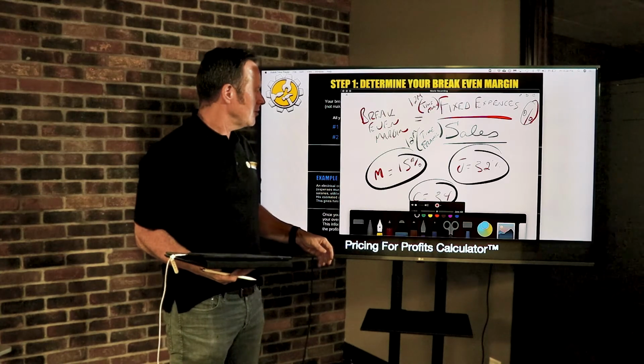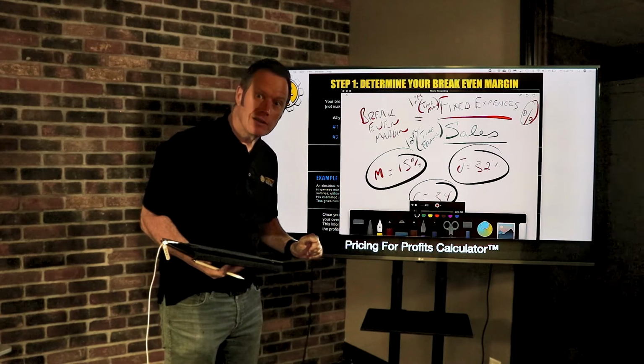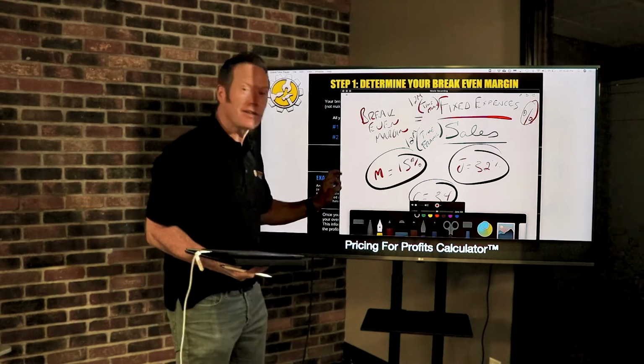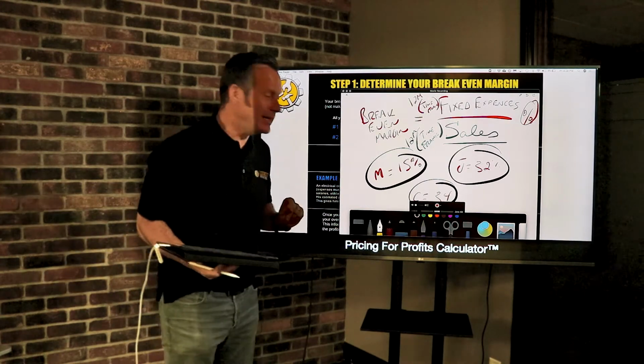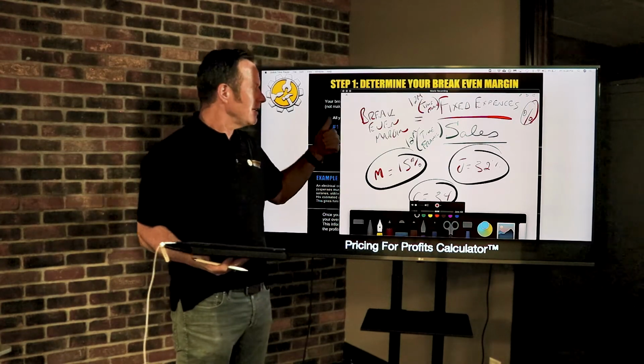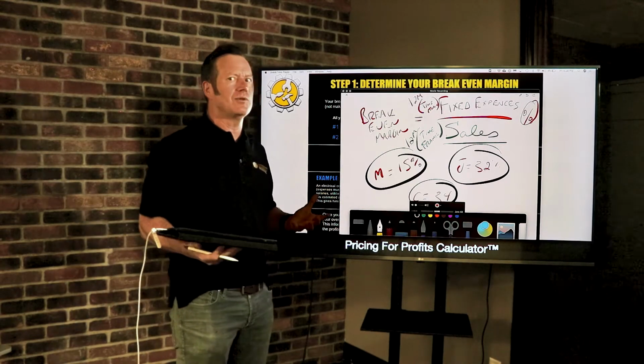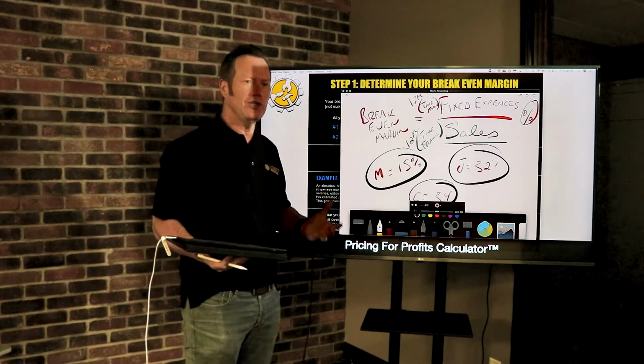Interesting. So all of these numbers are different. This is why you need to figure out your break-even margin for your company, because they are different. Your fixed costs and your sales are going to be different. So do not sit at a table with contractors and take somebody's number and use it.